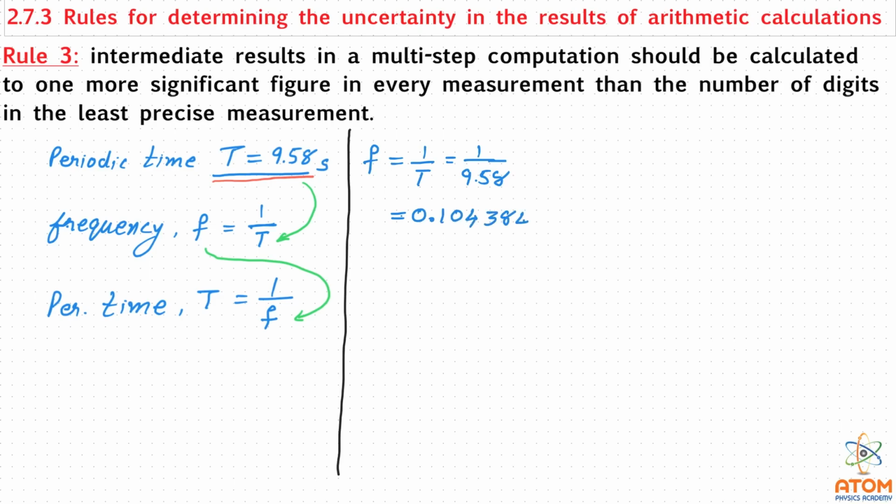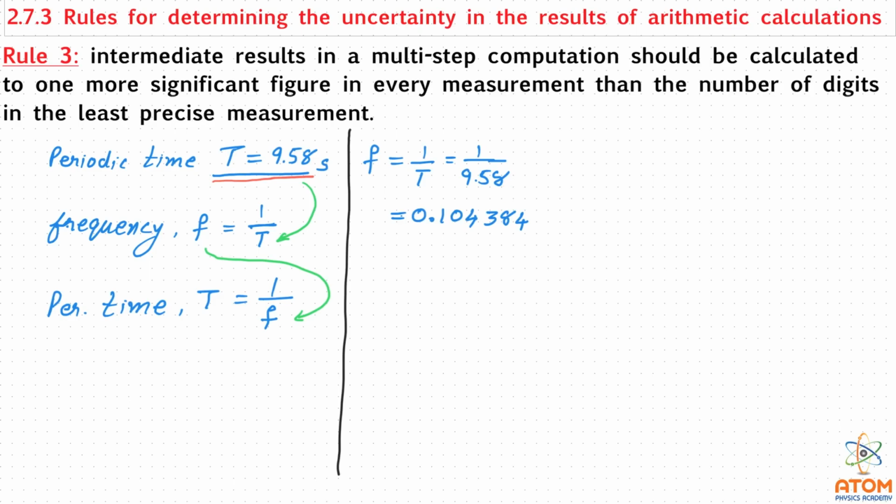Now this is a case of division, and here this 1 is not a measurement, it's an integer value. So it has infinite significant figures, because this 1 can be written as 1.00000000 with zeros up to infinity. And this 9.58 has only 3 significant figures.